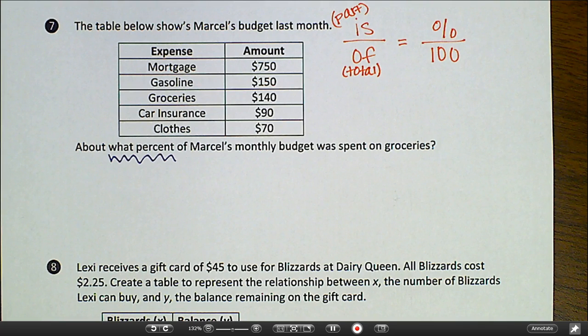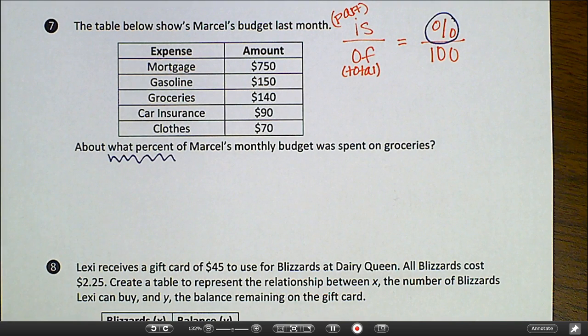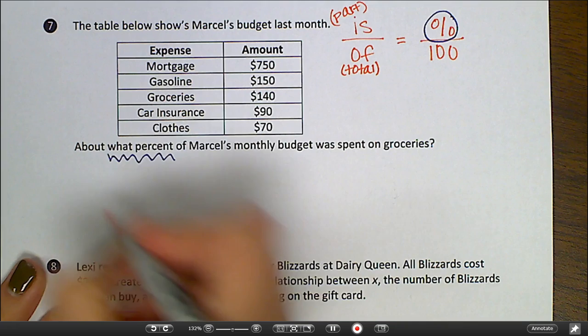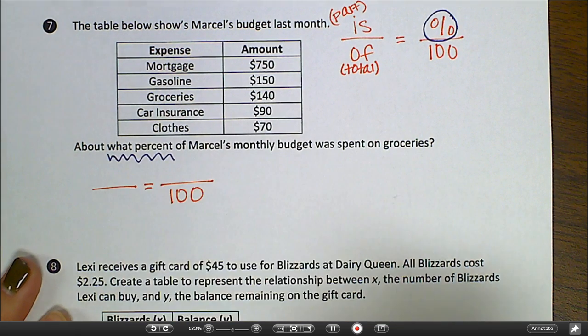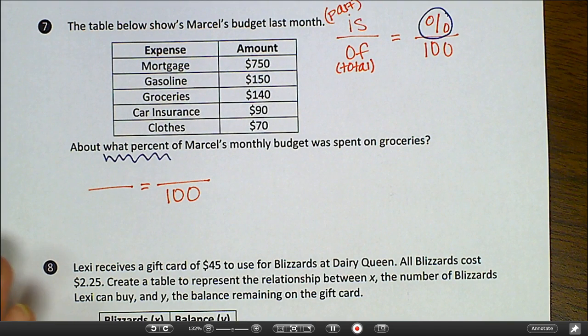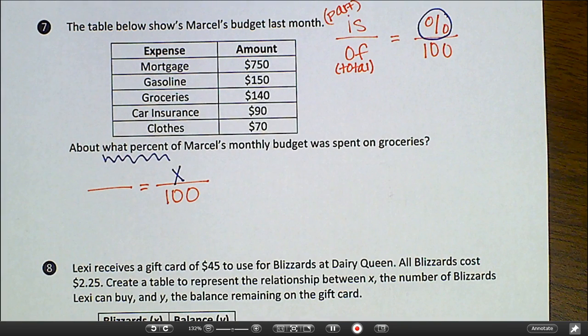So we are all set. We already know that we're going to be looking for the percent because the question says what percent. And so now we can go ahead and set up a proportion. Line equals line 100. I know that I'm looking for the percent, so I'm going to go ahead and put my X here and get that out of the way.